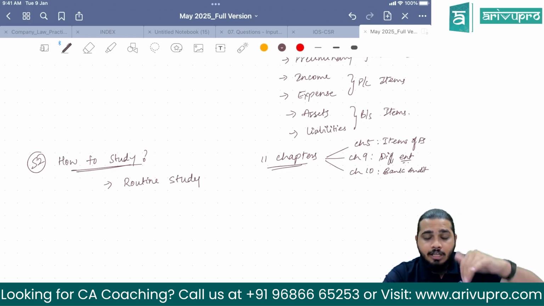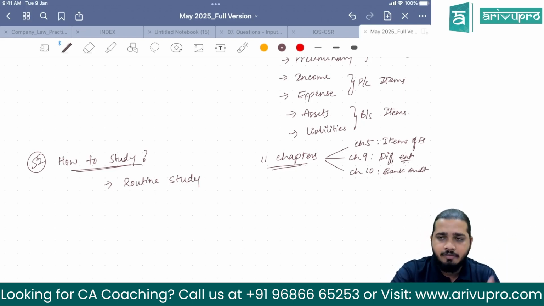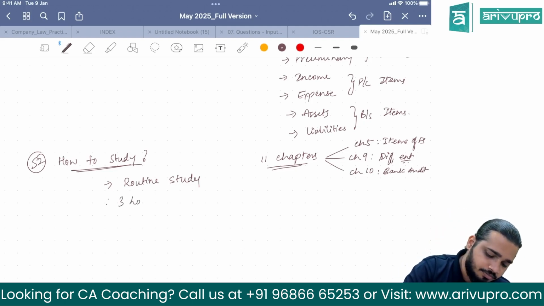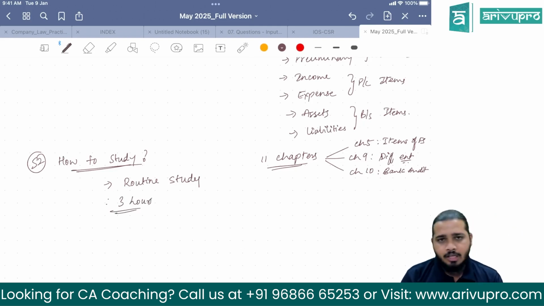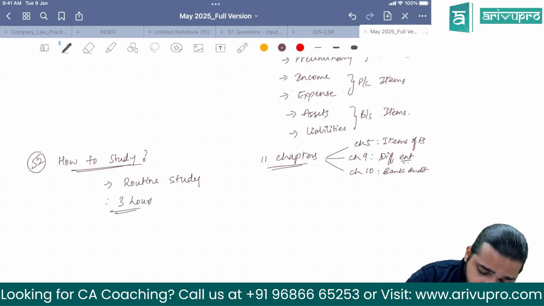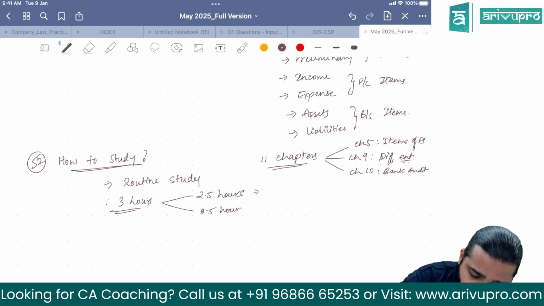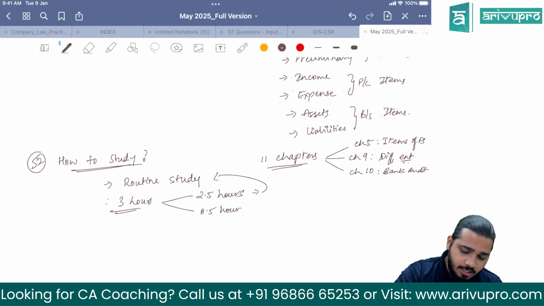Now when you're doing your routine studies or revision on a daily basis, let us say you allocate 3 hours. In that, divide the 3 hours into 2.5 hours and half an hour. The 2.5 hours you give to your routine studies.